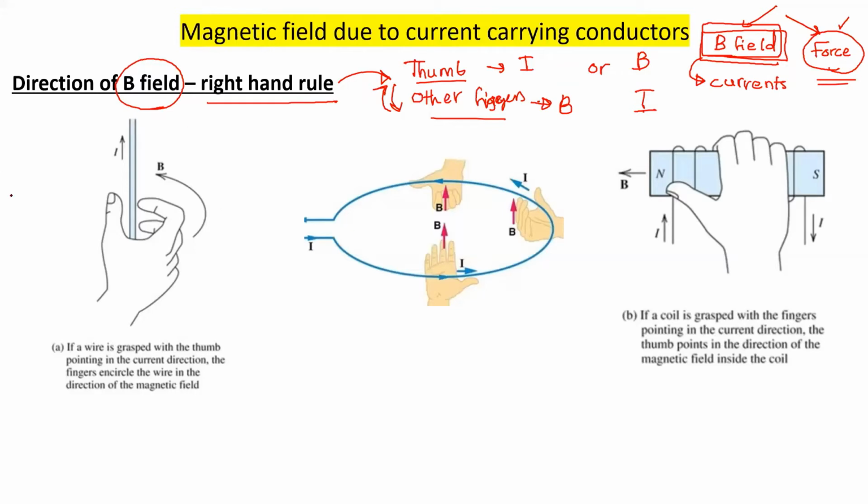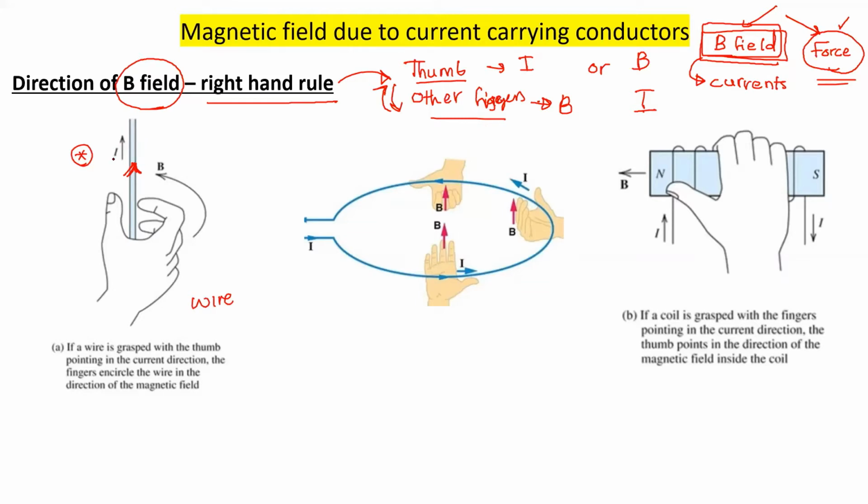Okay, so here are some examples. This is a very easy law. So let's look at this one. Here we have a current carrying conductor. Let's say it is a long wire which carries current upwards.